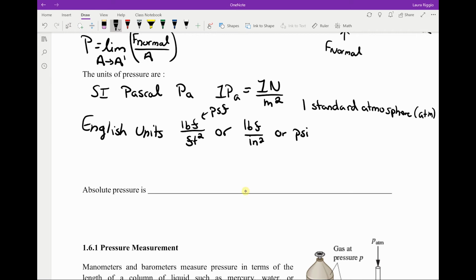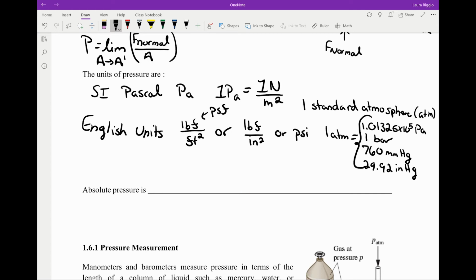So 1 ATM is 1.01325 times 10 to the 5 pascals, which is 1 bar, which is 760 millimeters of mercury, or 29.92 inches of mercury.